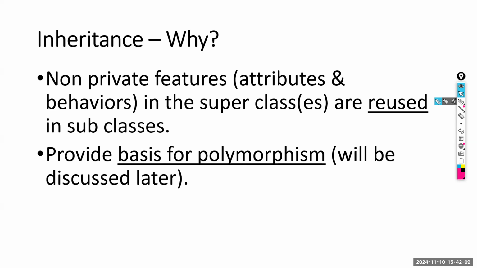We haven't come to it yet, but creating an inheritance hierarchy builds the foundation we need for it. Inheritance and polymorphism are two different things, but polymorphism depends on inheritance. So those two concepts are interrelated. Polymorphism depends on inheritance, not inheritance depends on polymorphism. Okay. We'll discuss polymorphism later. Definitely not today.